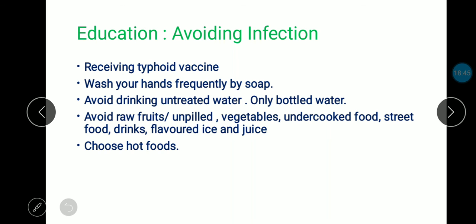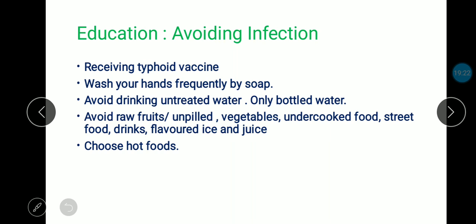Avoid raw fruits, unpeeled fruits, vegetables, undercooked food, street food, street drinks, flavored ice and fruit juices, etc. Means the food which is available on the road under hygienic or unhygienic conditions is not suitable for eating.